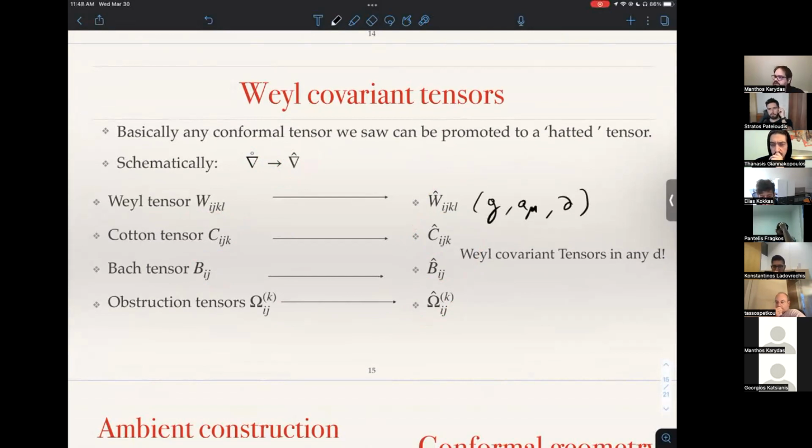But a nice thing that happens is that these will be Weyl covariant tensors in any dimension, in contrast to these tensors that are only for specific dimension. So it's kind of like a dimensional continuation of these tensors. But in order to do that, to remain covariant, you need to introduce this gauge field.